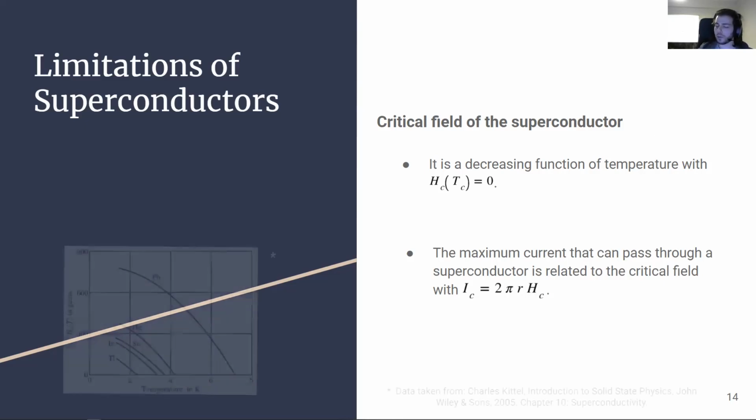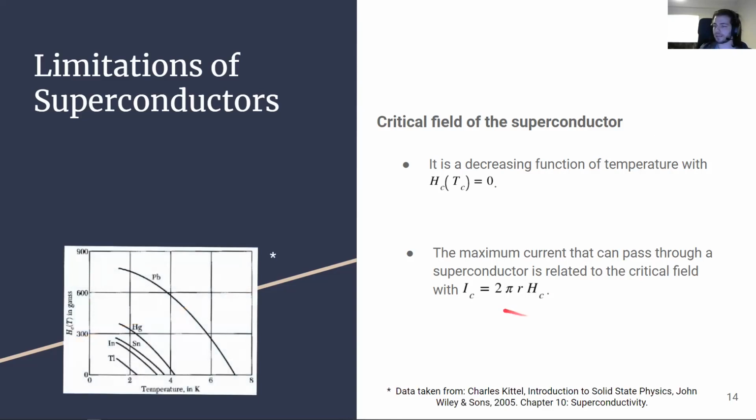So now, as promised, I will also show some data. These are certain elements like lead, mercury, and tin, and they show, as I said, H_c is a function of temperature, and as temperature increases, this H is decreasing.